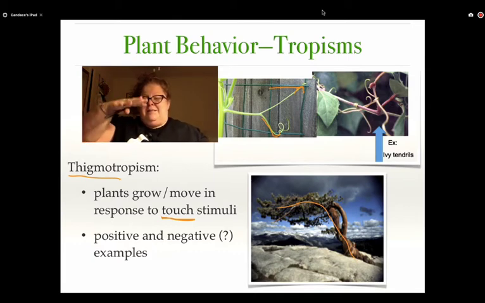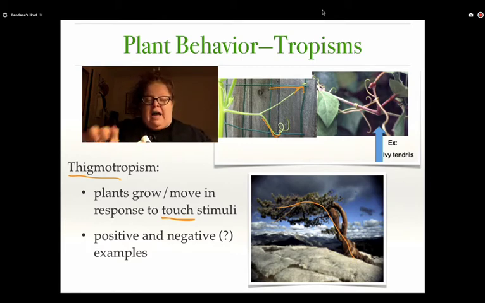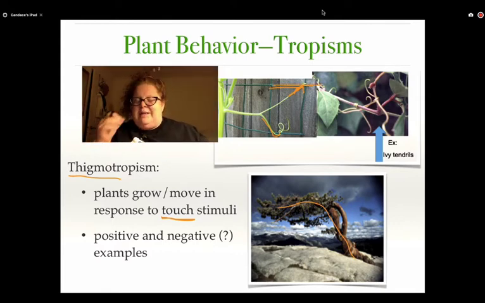It's that because it's being held, and it could be held by lots of things, it's just forced to grow that way. And that's not what we see with the ivy, right? The ivy is not being forced by this tendril here, or by this piece of fence here. So I'm not sure that this really qualifies as thigmotropism. So I don't want to tell you that it does.